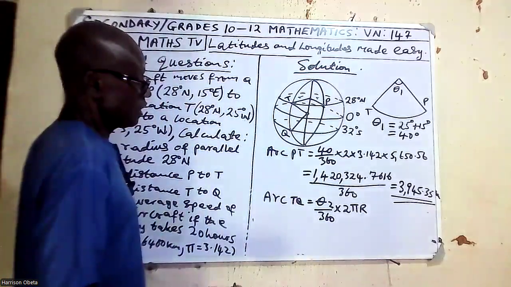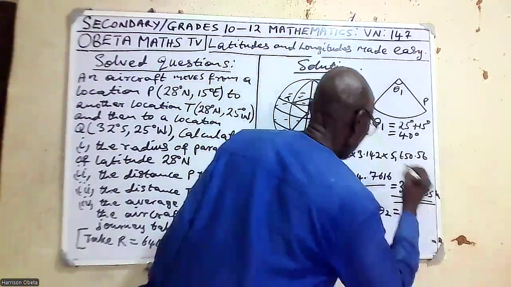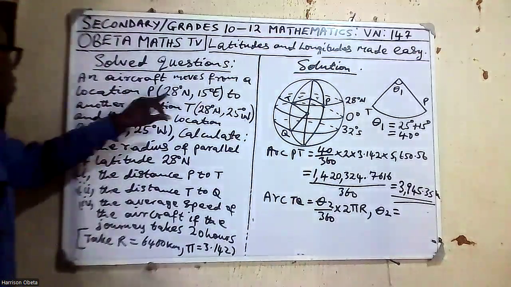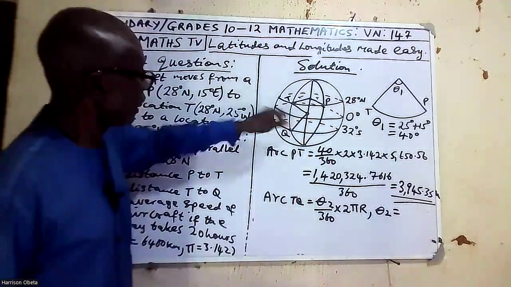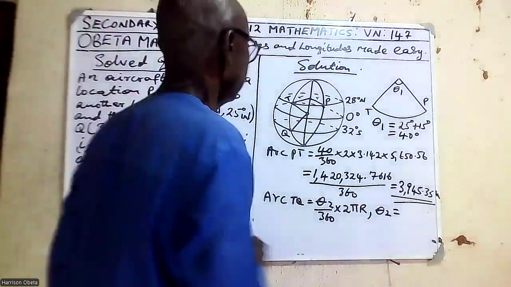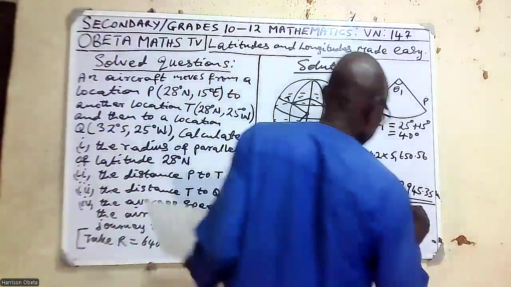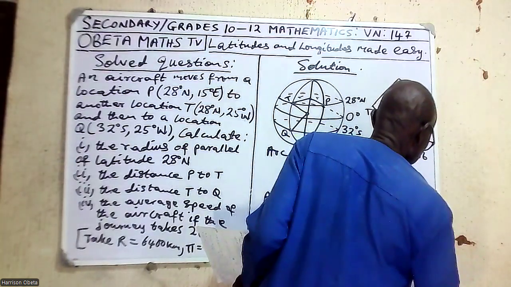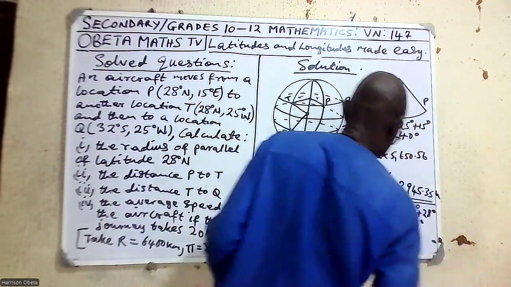To get our theta 2, we have north and south. Since this is north, this is south, different positions, we have to add: 32 degrees plus 28 degrees, and that will give us 60 degrees.